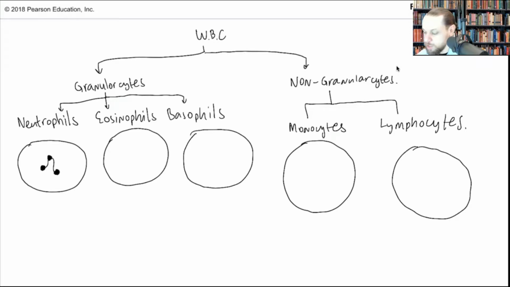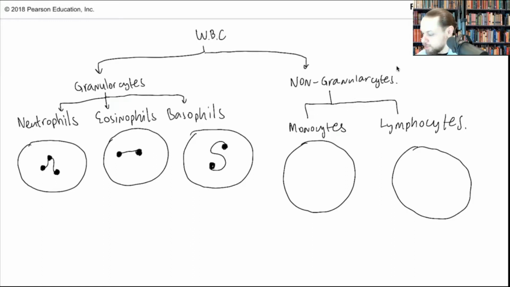Eosinophils also have a nucleus, but usually it's 2. So it's a bilobed nucleus, and it may look like spectacles, like glasses. So it's a bilobed nucleus, or there are 2 nuclei there. For basophils, it usually looks S-shaped, and it's also bilobed. This is the type of appearance it will have, S-shaped or bilobed.